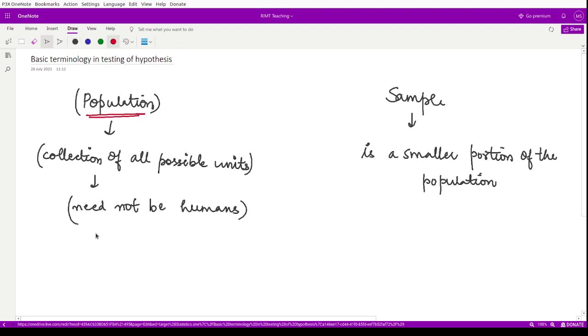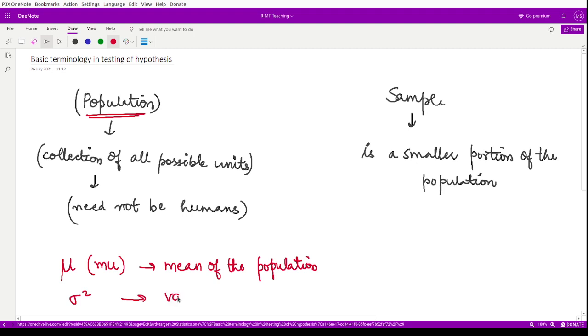This is important. You may use this symbol, which represents mu, to denote the mean of the population. And you may use this symbol sigma square to represent the variance of the population.